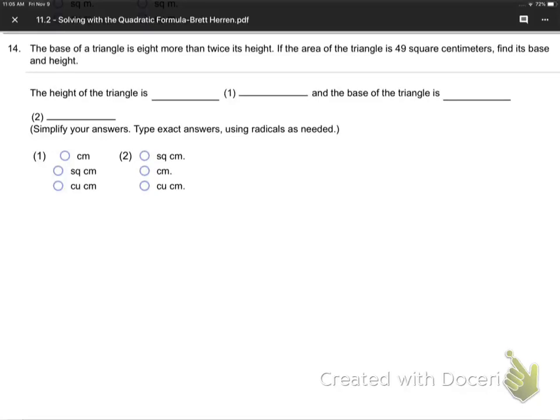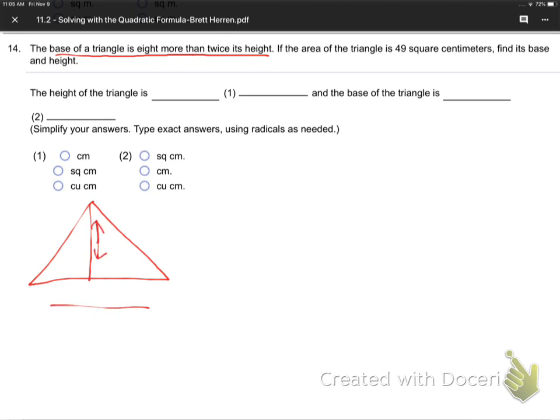All right, last problem. It's been a very long section. Base of the triangle is 8 more than twice the height. So we're talking about a triangle. And this is the height.